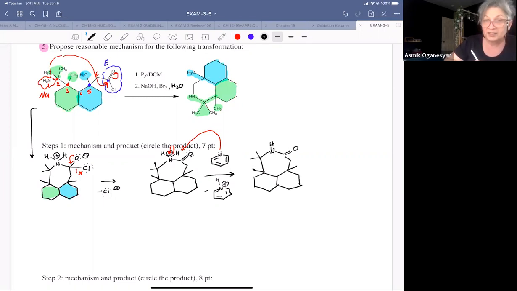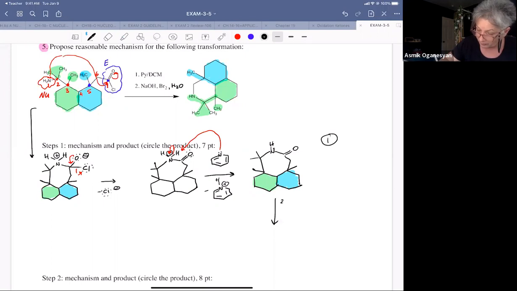Okay, this is the product for step 1. Now for step 2, the reaction is done by treating our product from step 1 with sodium hydroxide and then bromine. I'm going to continue right from there.